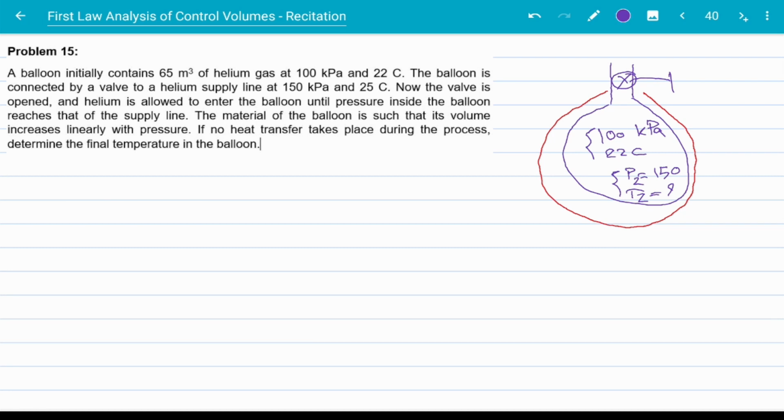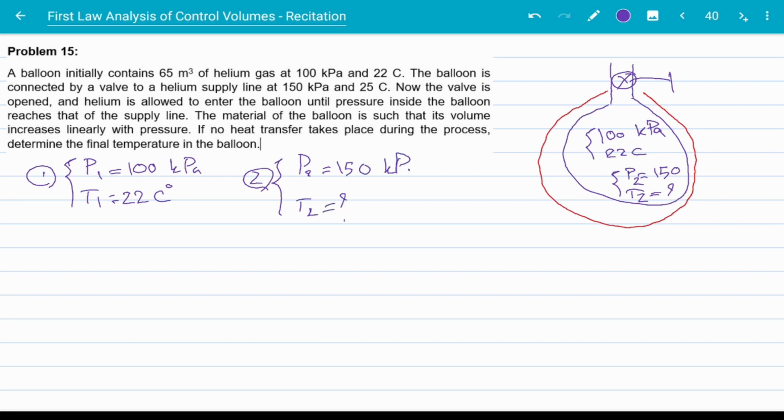Let's see what we have at each state. We know that initially, pressure 1 is 100 kilopascals, temperature 1 is 22 degrees. We know that finally, pressure is 150, temperature is unknown, and we know that the supply line is 150 kilopascals and the temperature is 25.